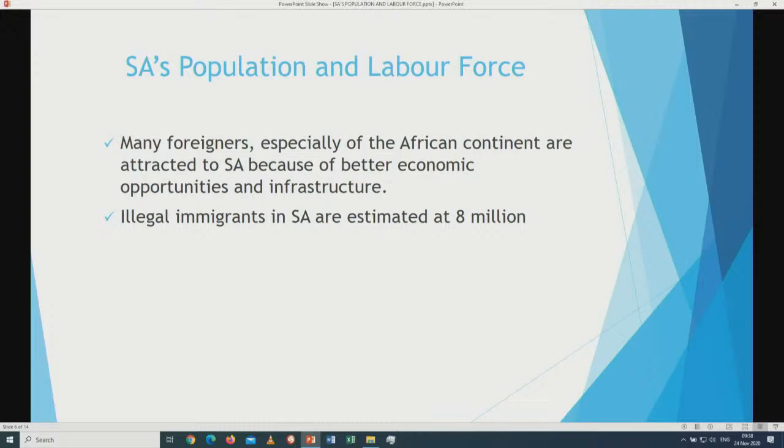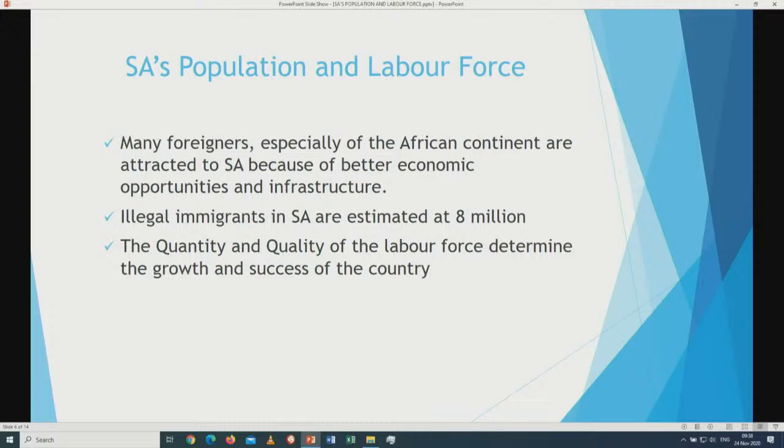We call them illegal immigrants. And in South Africa alone, these illegal immigrants are estimated to be 8 million or more. So that's how many foreigners you can find in South Africa.